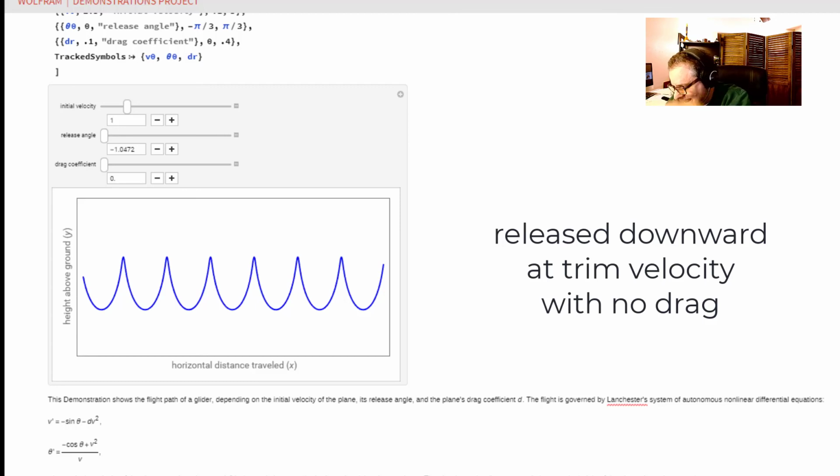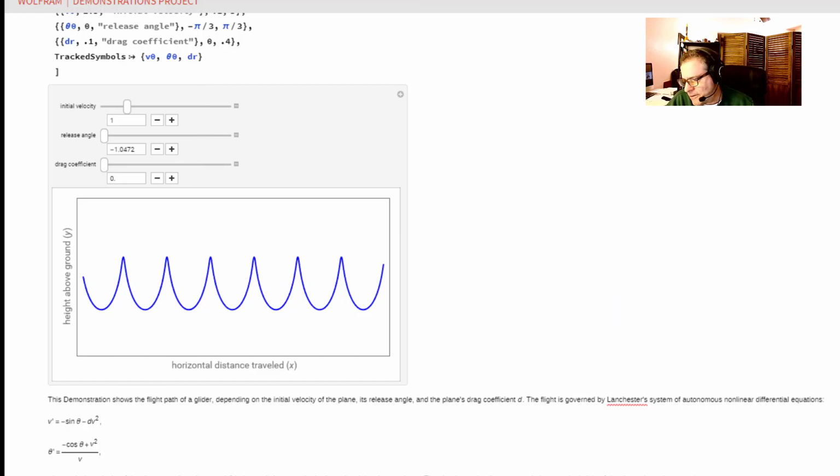But because it's released downwards, gravity is adding speed, which gives it more lift, which brings it back up, and it's going to go faster now than trim velocity. Without any drag, it heads upwards until it loses lift, and gravity brings it back down. With no drag, this just repeats over and over again. Certainly not a realistic solution, but kind of fun to experiment with and discover.